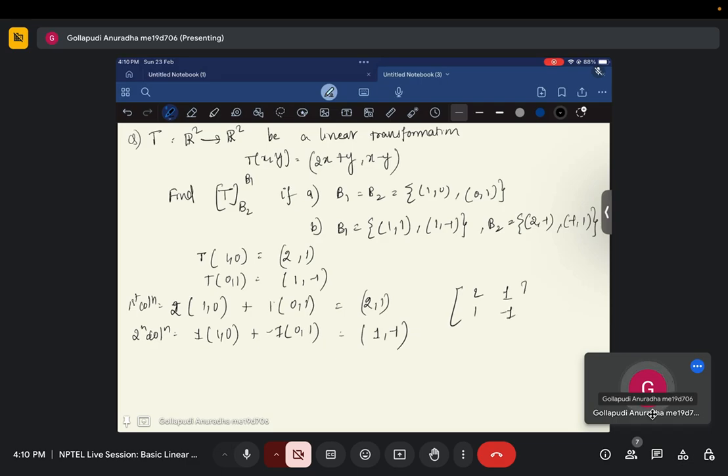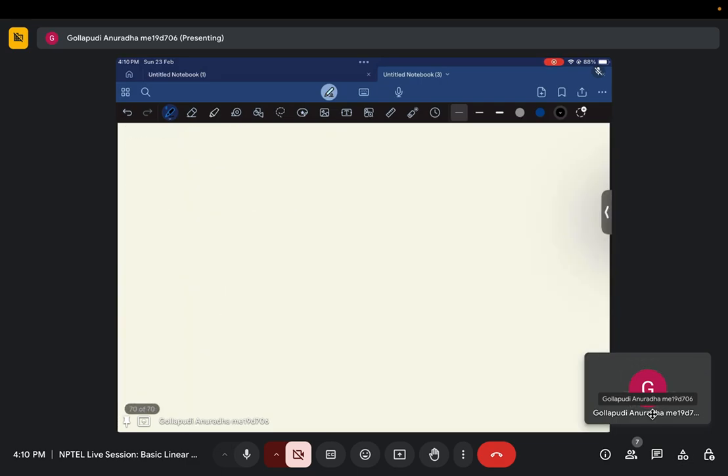I hope you got the transformation matrix for the first question. To move on to the next question, the basis is different. T of (1,1) is (3,0). T of (1,-1) is (1,2).